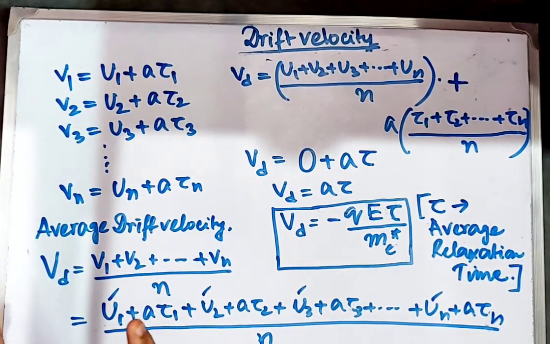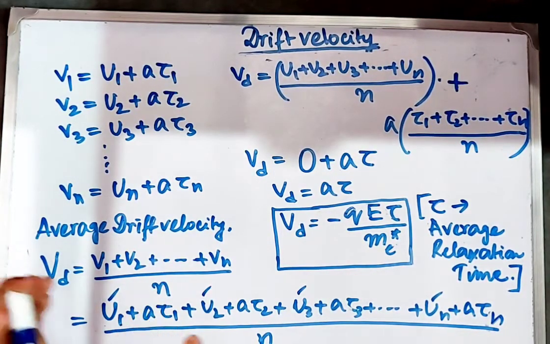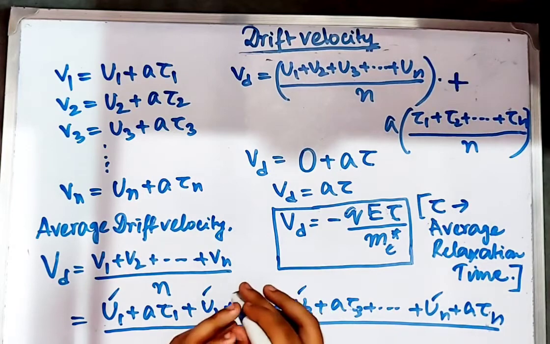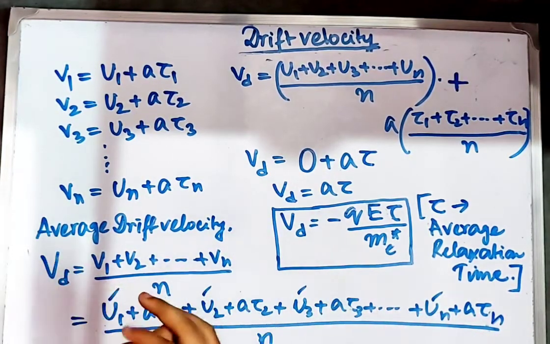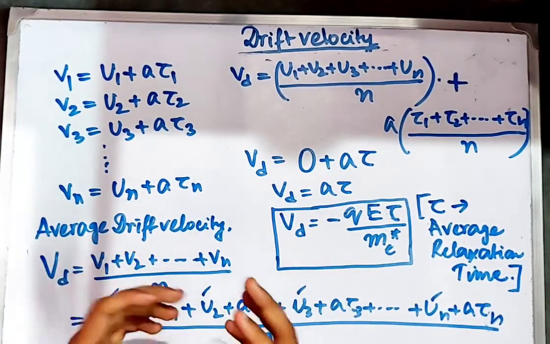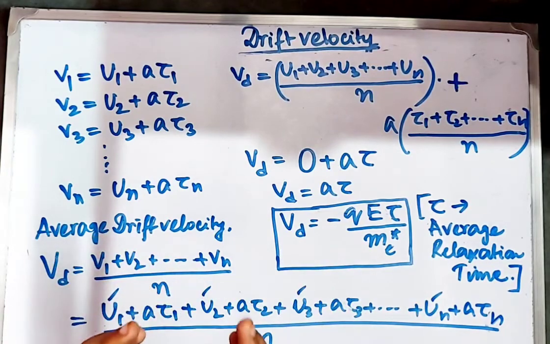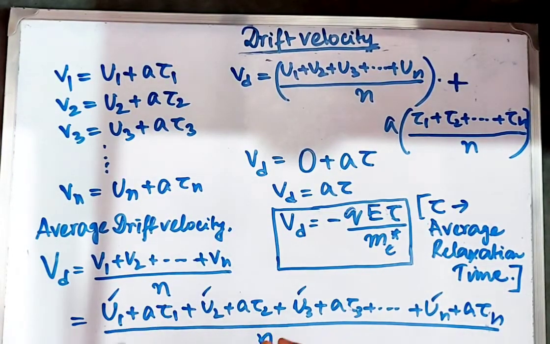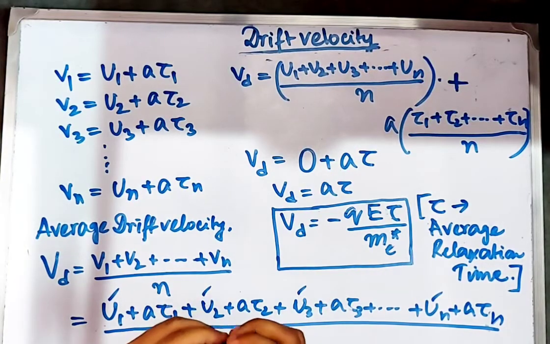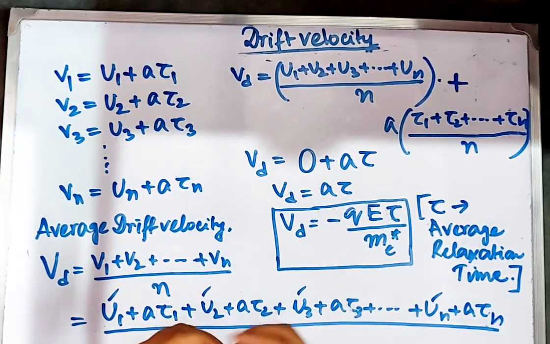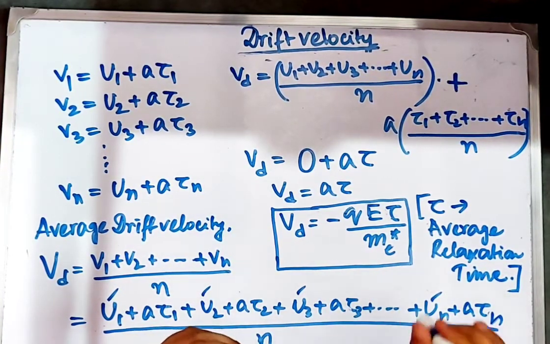Thermal velocity is the temperature dependent velocity, and drift velocity is the external electric field dependent velocity. If I try to express the difference in one line, thermal velocity is the temperature dependent velocity of charge carriers, and drift velocity is the velocity of charge carriers in presence of an external electric field. So electric field based velocity.